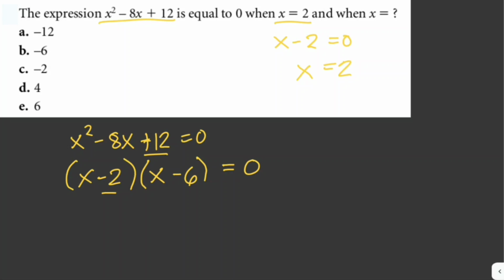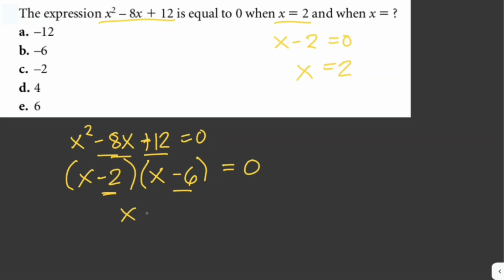And let's check if we add negative 2 and negative 6, whether it would equal negative 8, which is the coefficient of our middle term. So negative 2 plus negative 6 is equal to negative 8.